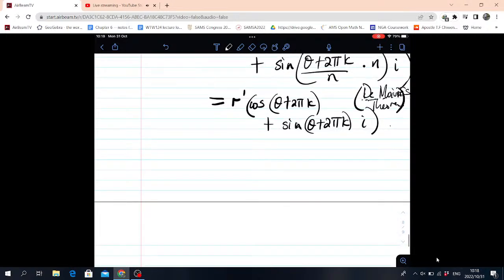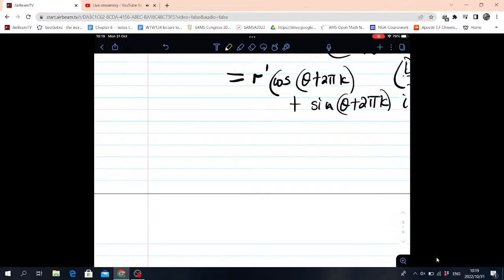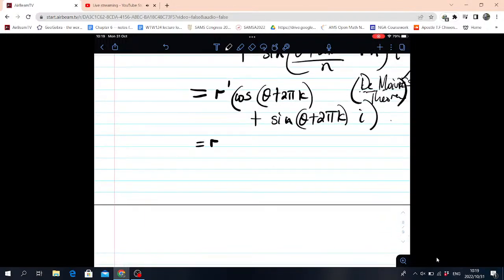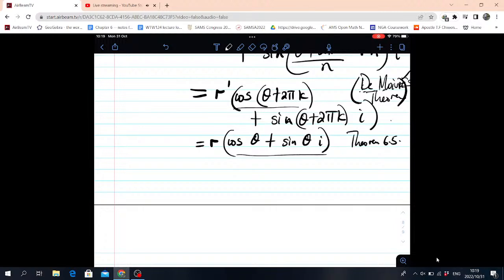And then once we have this, we know that this is going to be equal to r times (cos theta plus i sine theta). And what is the reason? This complex number is equal to this by the theorem that we just stated, I think theorem 6.5.3.